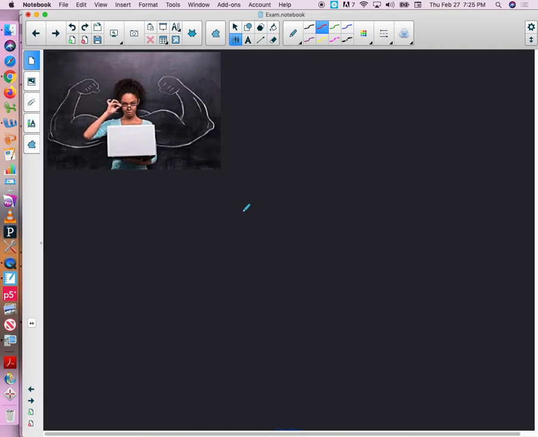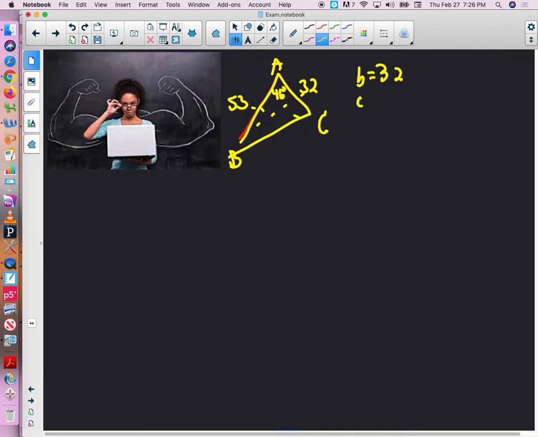Okay, so I'm going to do the next to last one, I think, in the law of sines and law of cosines section, where you have angle A, angle B, and angle C. This is 32, and this is 53, and this is 46. Now there's a way to miss these problems, but I'll help you avoid it. All right, so little b is 32, opposite little c is 53, and angle A is 46.